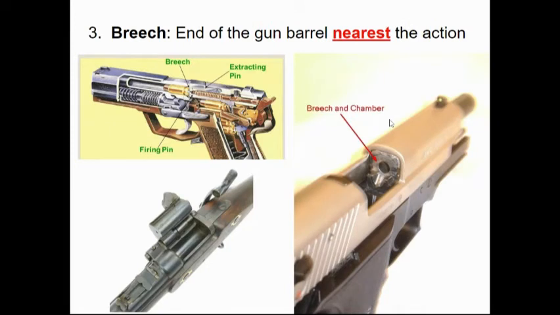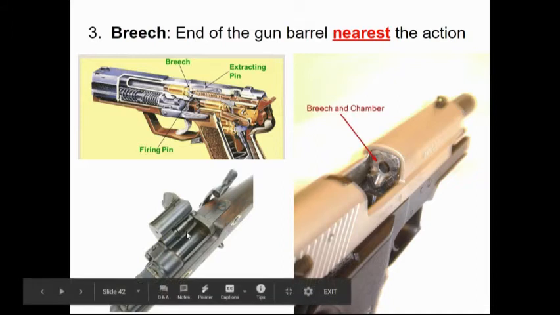The breech is the end nearest the action. So again, the action is going to load, fire, and eject that cartridge. So right here, we see the breech end of this pistol. This is where the ammunition might be, and it's going to go down the barrel. Here we see it for this style. So right here again is the breech.